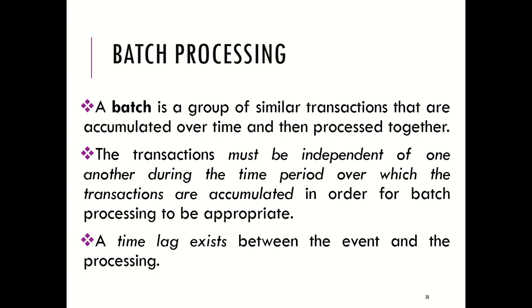Recording immediately would not be practical. So, there is a time lag. It's because from the time they started up to the closing time, maybe it will even be recorded the following day. It exists because we are waiting for all of those similar transactions to be accumulated first.